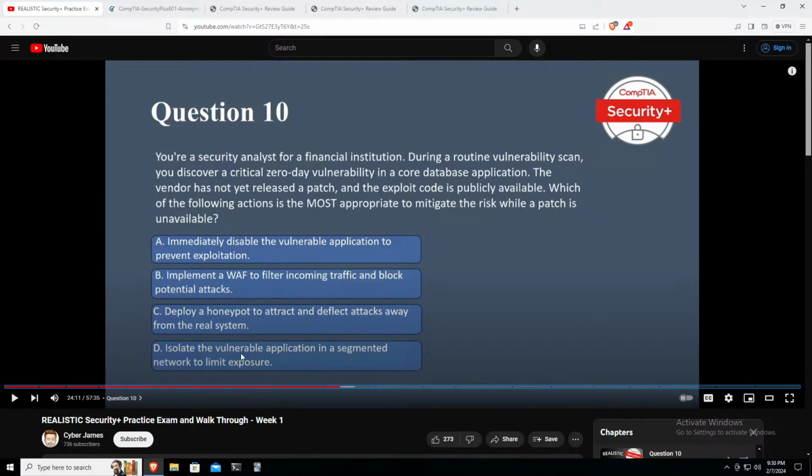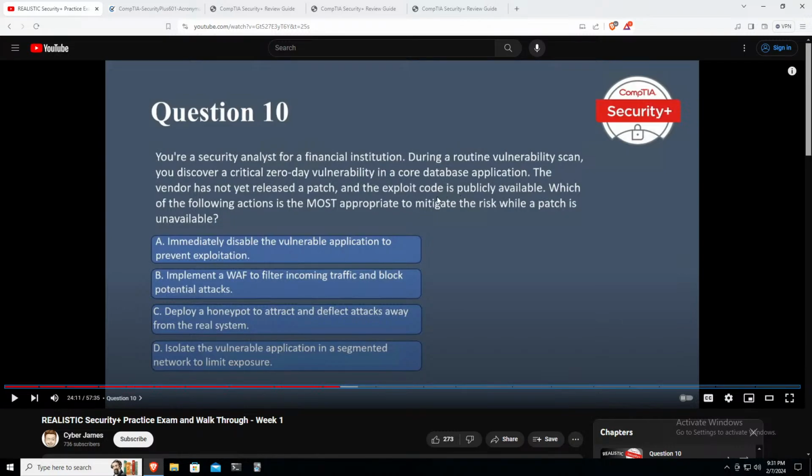Yeah, you would isolate the vulnerable applications in a segmented network to limit exposure. I don't think you would just disable it. I don't think you can disable the database application. They even tell you here it's a core database application, so just turning it off, I don't think is a good idea.